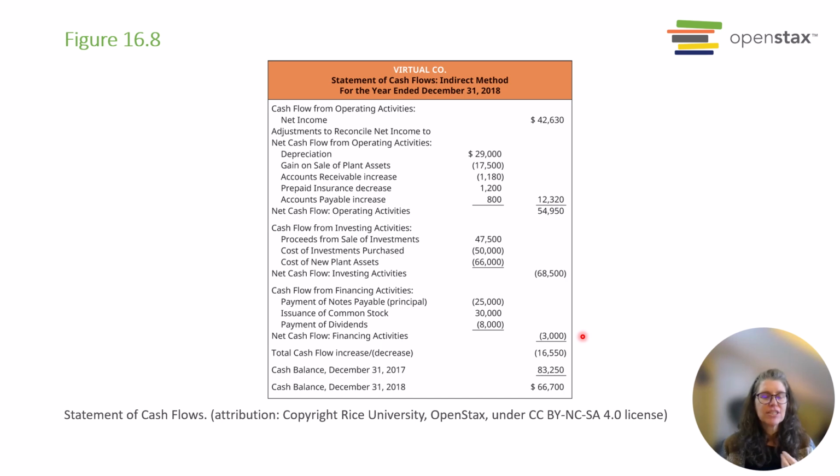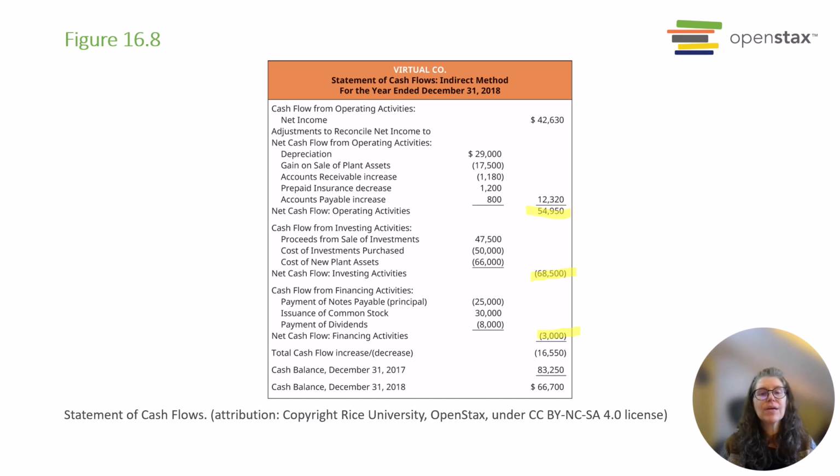So now we just have to add our three categories for totals. We add the operating section plus a negative investing section plus a negative financing section.